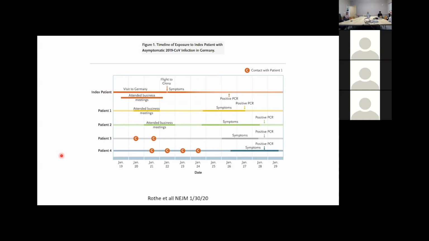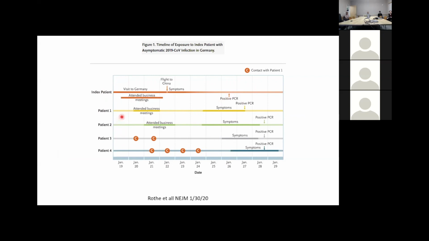This was a German citizen who had attended a business meeting and flown to China. So this is the index patient here. He visits Germany and goes to a business meeting. Then he flies to China and starts to develop symptoms and then tests positive here.